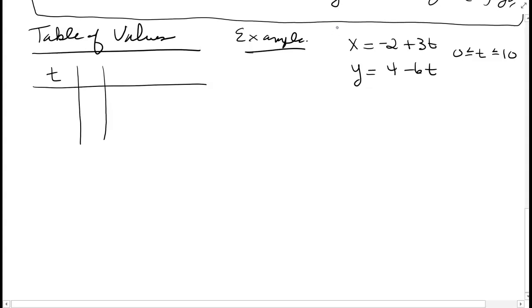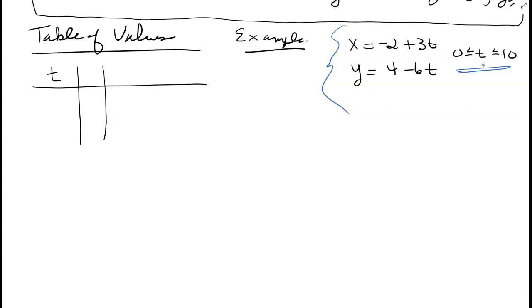So when you're given a parametric equation, like I just gave you right here, t will often be defined. And we're going to say, okay, this is our parametric for t being between 0 and 10. So when you're building your table of values, let's start at t.